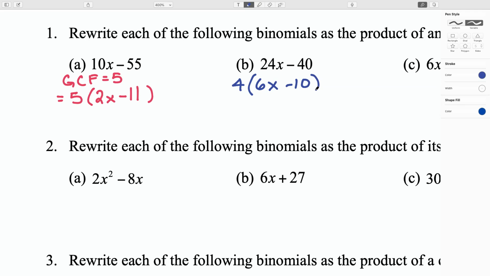So you see, 4 is not the greatest common factor. How do we know that? Because 6x minus 10 still has a common factor. What can go into both 6 and 10? 2.